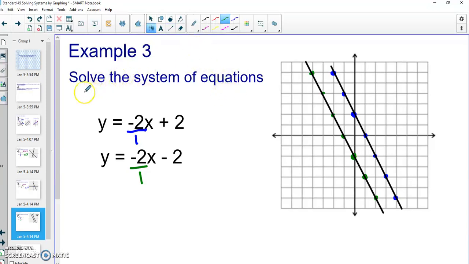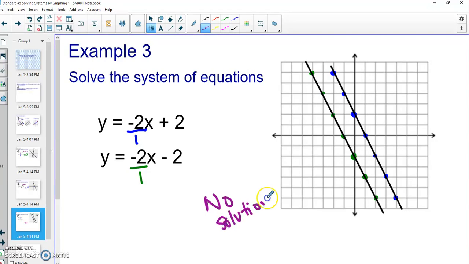Remember, our directions tell us to solve the system of equations. In the previous examples, our lines crossed at a point, and that was our solution. In this example, our two lines never cross because they are parallel lines. Since they are parallel, they never cross. This is an example of no solution.